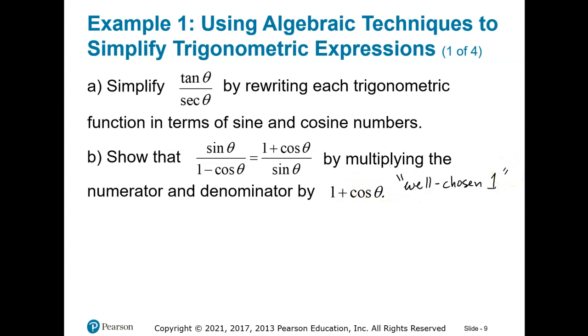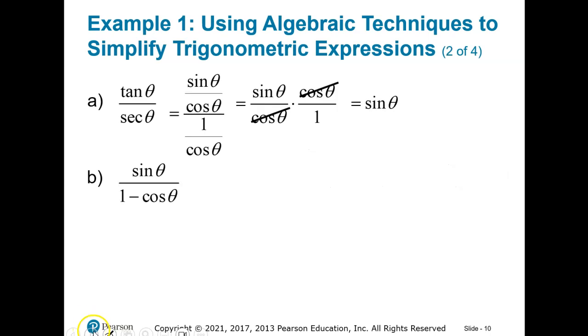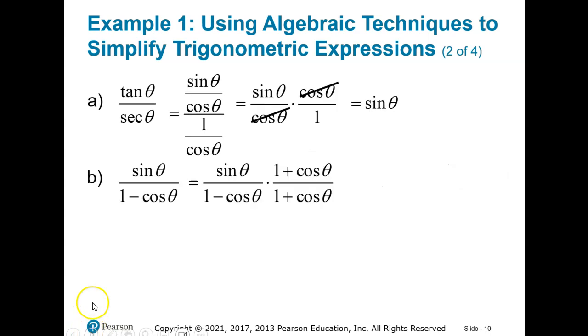All right, why is this a technique? Well, when I see addition or subtraction, so in this case subtraction, if I see a subtraction in the denominator, then one thing that we can use there is to multiply by the conjugate. And the conjugate means keep the first and second number the same, just change the sign in the middle to its opposite. So minus becomes plus here. All right, so we're going to multiply top and bottom by 1 plus cosine.